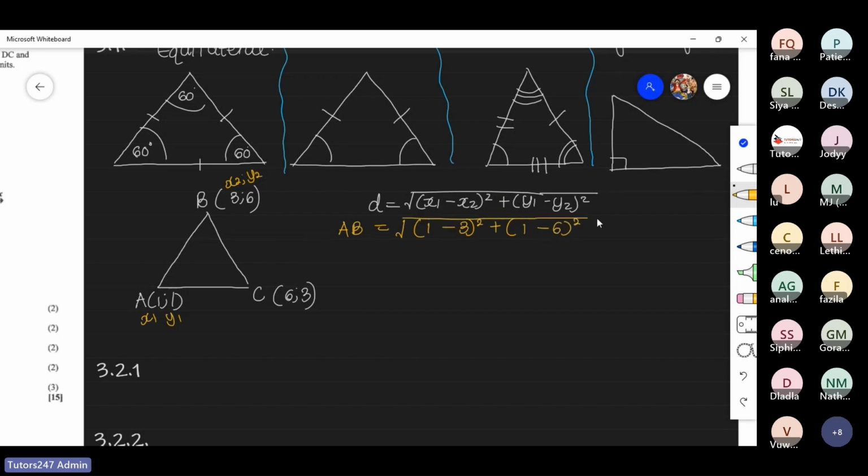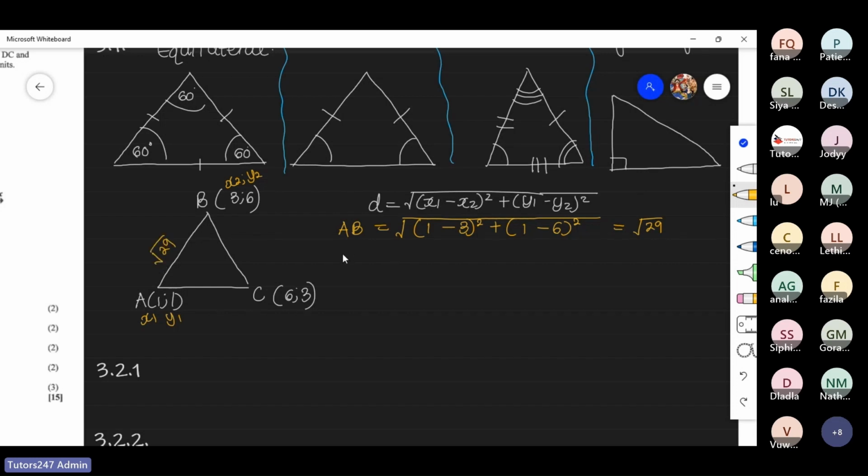Don't forget to complete your root sign. Now, we can put that into our calculator. So we've got 1 minus 3 all squared plus 1 minus 6 all squared, and that gives us the root of 29. So we now know that AB is the root of 29.